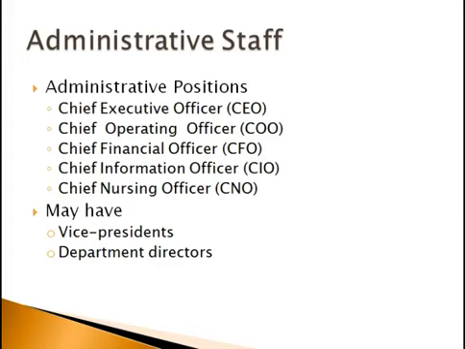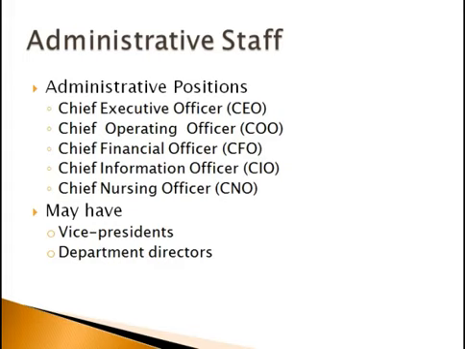The chief operating officer is responsible for overseeing usually specific departments. A lot of times it could be the ancillary departments, or it could be the clinical departments, like the lab director and the radiology director, who would all report to the chief operating officer. The chief financial officer, of course, is responsible for financial operations and the accounting, billing, payroll.